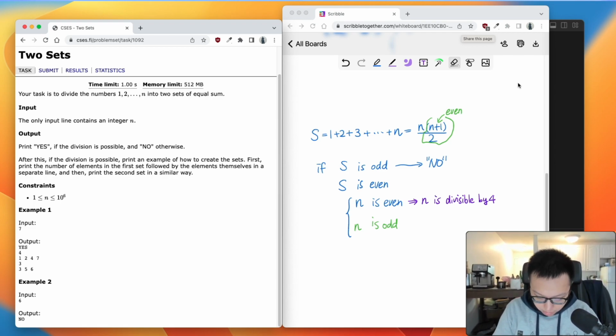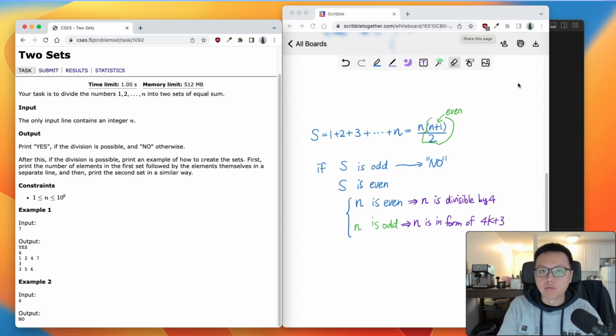So what we can say about it is that n is in the form of 4k plus 3, because n plus 1 is a multiple of 4, so n should be in the form of 4k plus 3. Okay, so these are the two cases we want to solve, and for each case we can actually find some way to divide the set into two parts of equal sum.